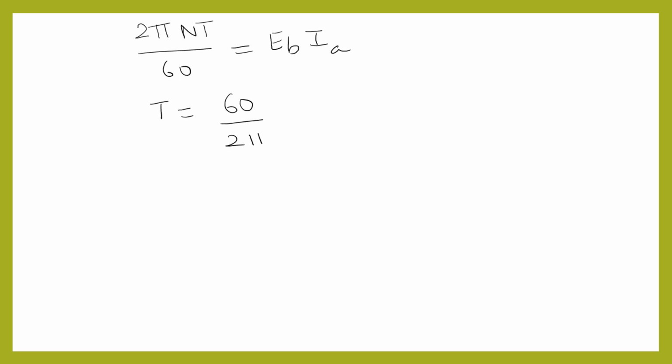This power developed is equal to EbIa, the electrical power developed. Therefore, we get the equation for torque as 60 by 2 pi into EbIa by N, that is equal to 9.55 into EbIa by N.